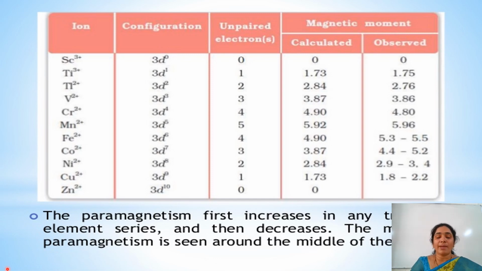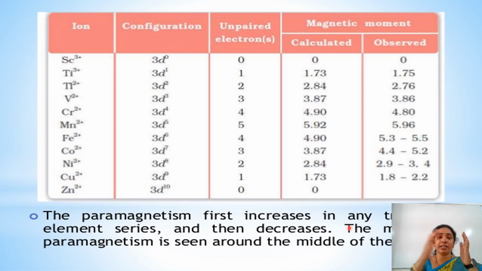And if you see the paramagnetism, first it increases in any transition element series, and then it decreases. The maximum paramagnetism is seen around the middle of the series.